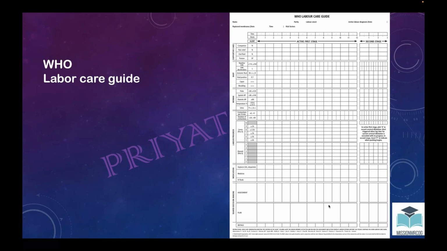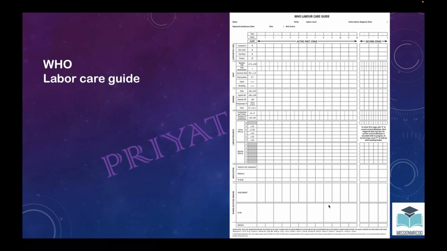Here we have a paper in front of us, the labor care guide. Let's see. It has a few components. Initially, it has patient's information. Then, if supportive care is available or not, how the baby is doing, how the mother is doing, how the labor is progressing, and if the mother received any medication.